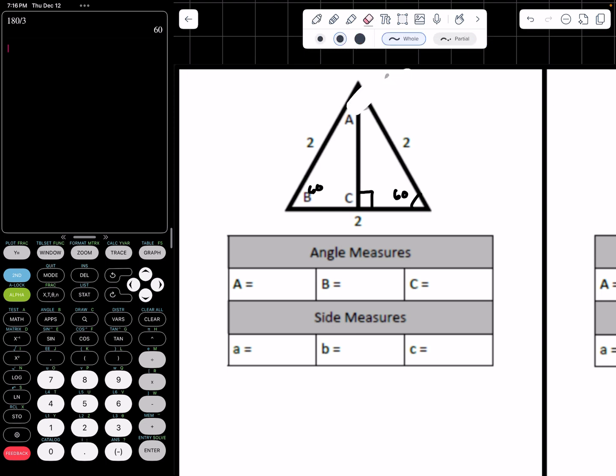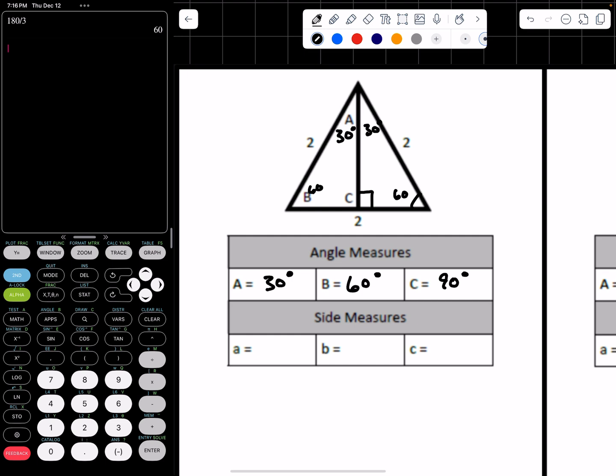So I'm actually going to delete this 60, and I'm going to go on ahead and say that angle A is 30 degrees, as well as this angle over here on this side. So if I look at this, our angle measures are going to be 30 degrees, 60 degrees, and 90 degrees.